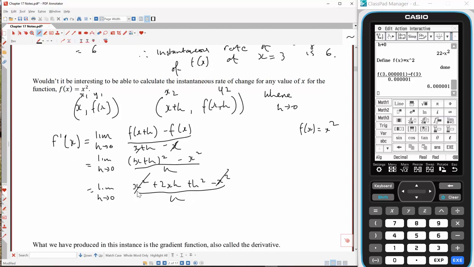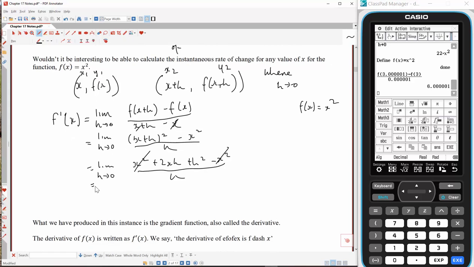Those two will cancel out. Limit as h approaches 0. Pull out h as a factor on the numerator. Those cancel out. Use my limit now. So I'm going to let h approach 0 in this expression, which will leave me with 2x.